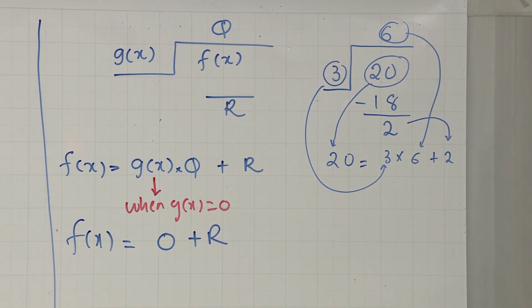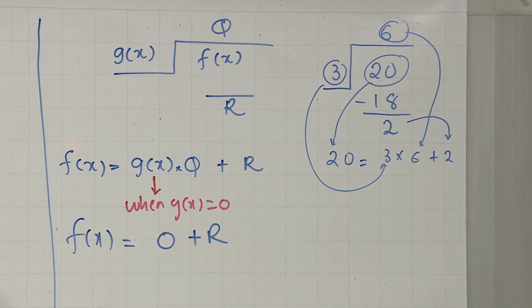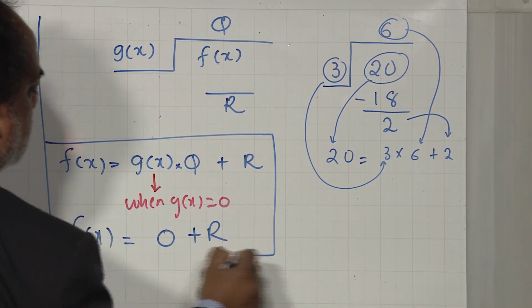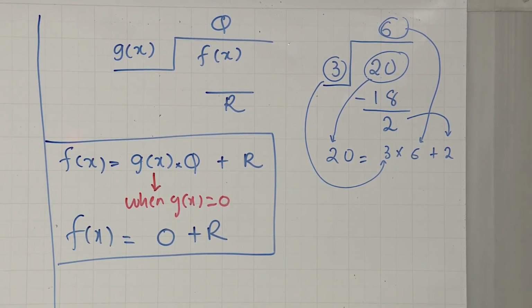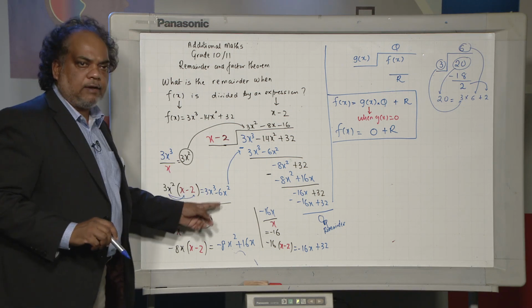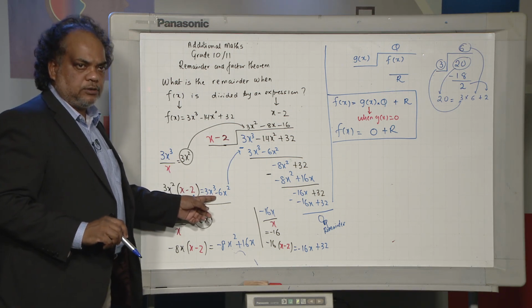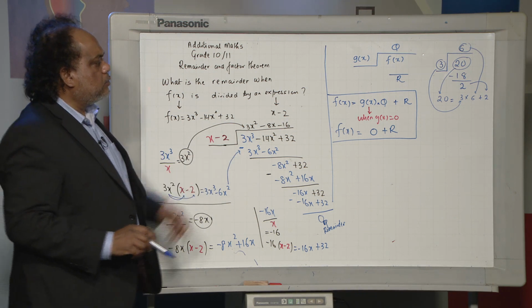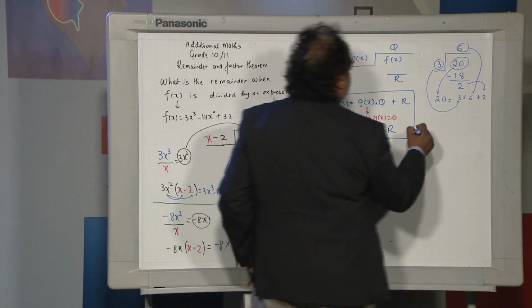That is, f(x) will be equal to the remainder. This is what the remainder theorem is. So here, I could have avoided the long division by using the remainder theorem.